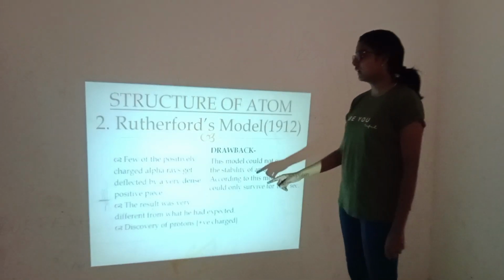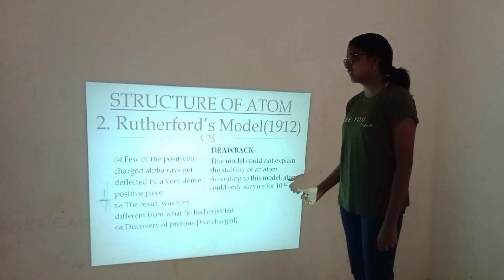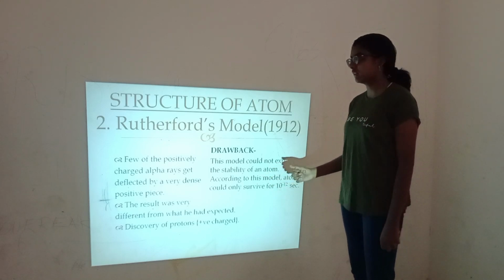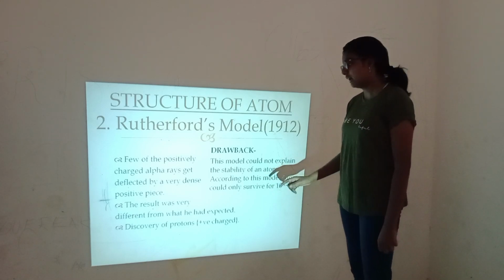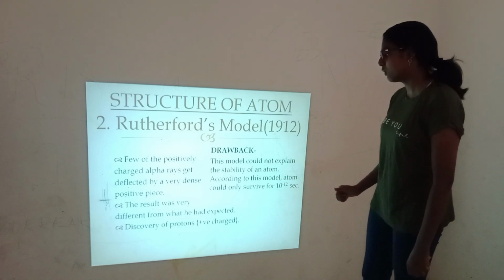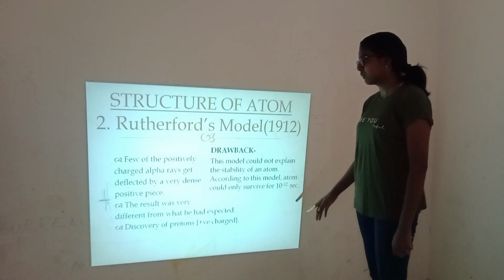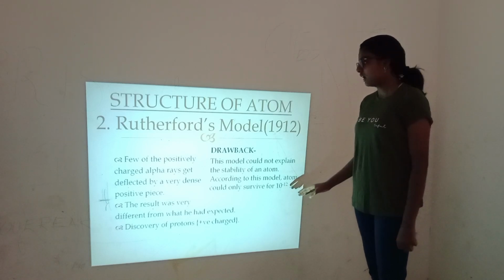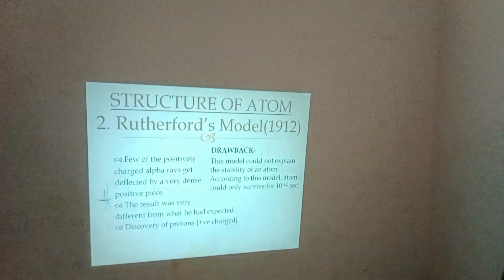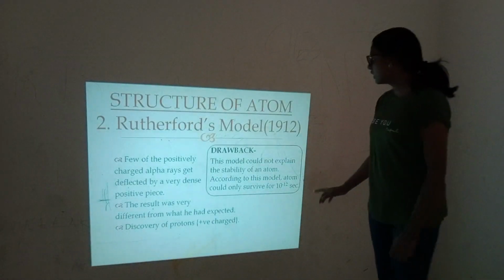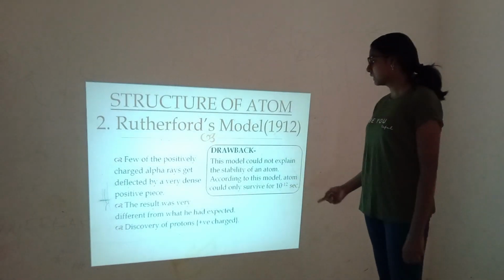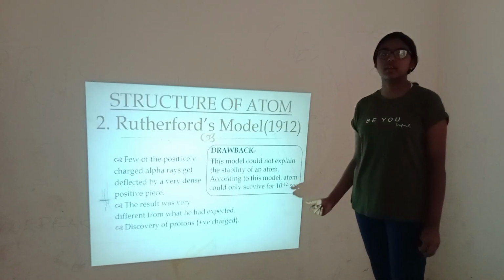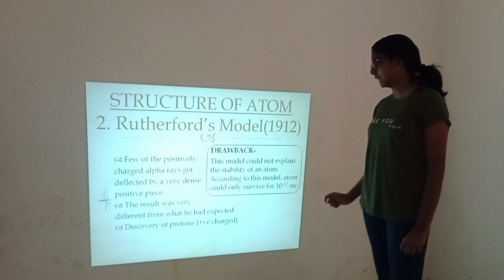We also came to know that a few of the positively charged alpha rays get deflected by a very dense positive center, which is nothing but the nucleus, and the result was very different from what we had expected. Discovery of protons, or positively charged particles, was also made through this model. There was one drawback: this model could not explain the stability of an atom, because according to this model, an atom could only survive for 10 raised to the power minus 12 seconds.